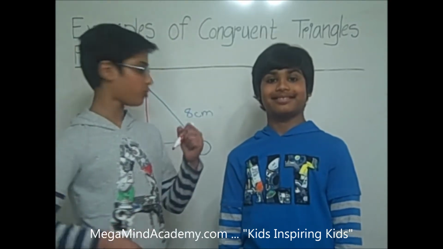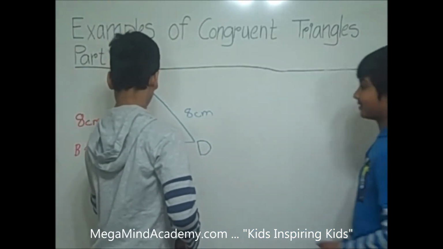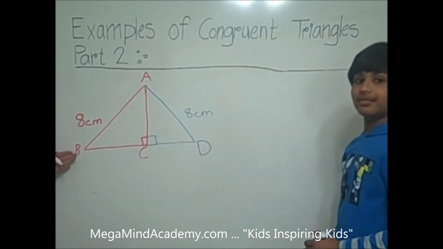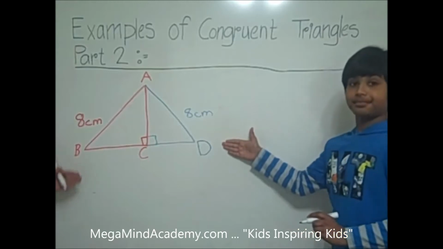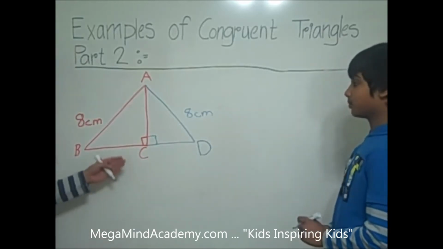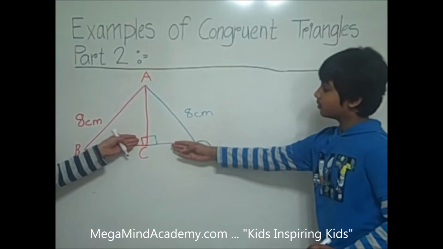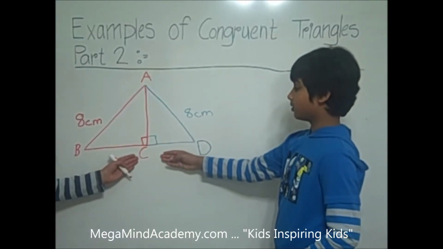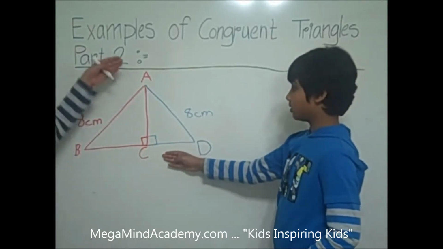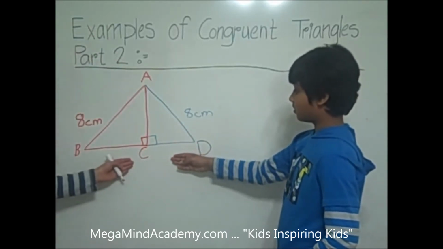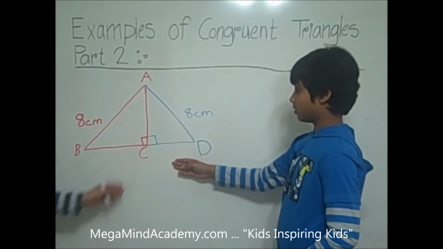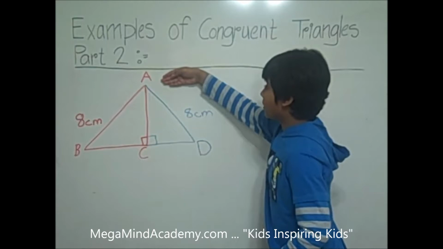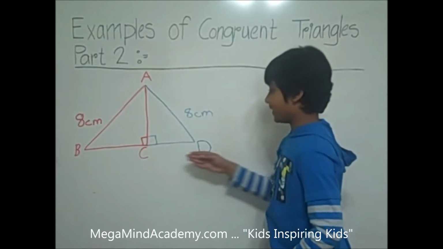Let's say we have 2 triangles, a red one and a blue one. Both these triangles are right-angled triangles, which means that angle C for the red triangle, triangle ABC, is equal to angle C for the blue triangle, which is triangle ADC.